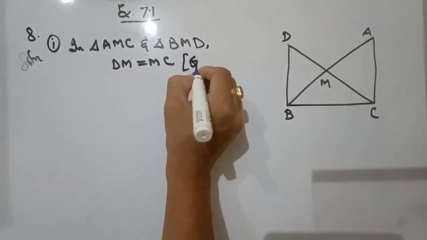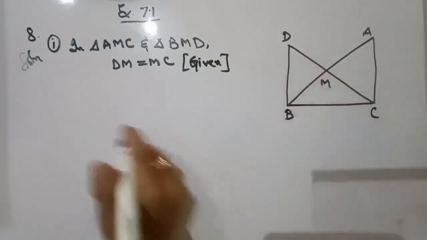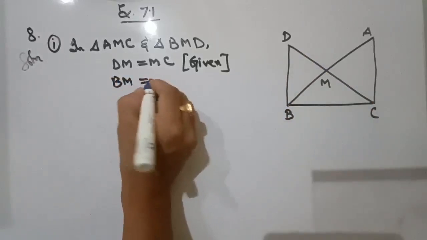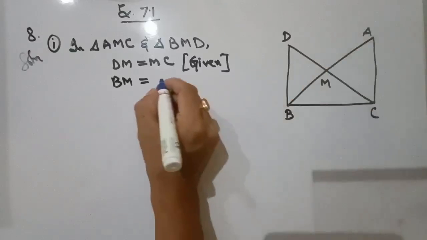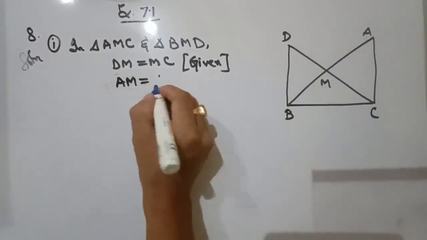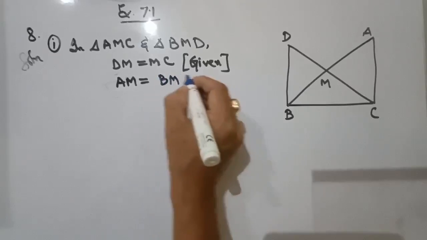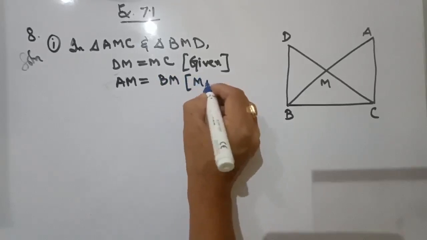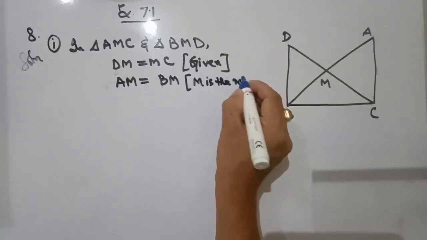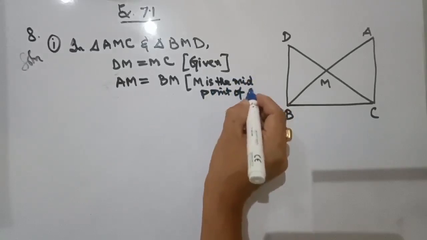This is the given information, DM equal to MC, and also BM equal to AM. Let me first write AM equal to BM, since M is the midpoint of AB.